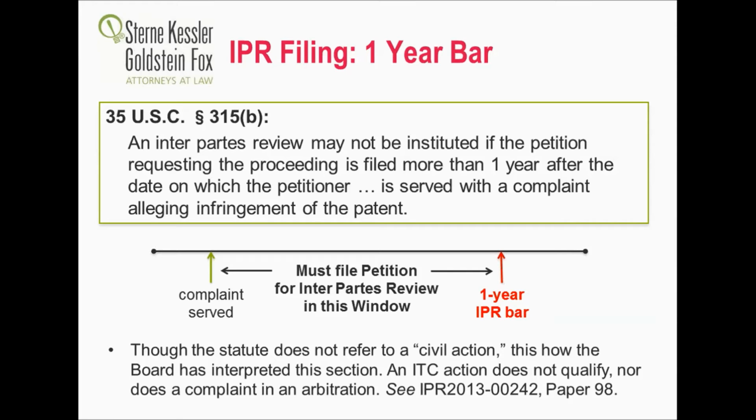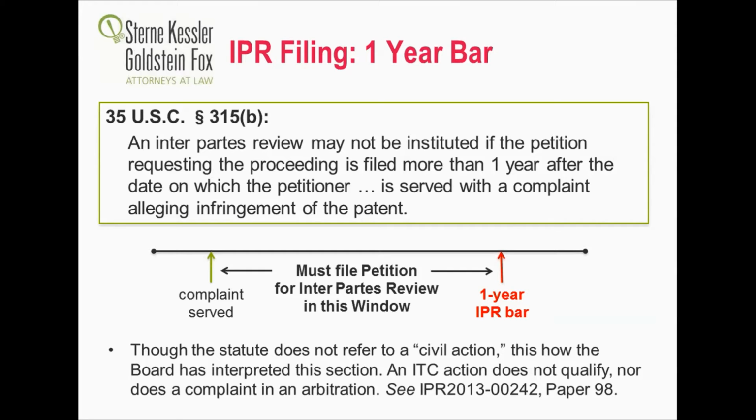Other scenarios include counterclaims, and a party actually tested whether or not the statute operated retroactively. So a counterclaim alleging infringement is a complaint for infringement that starts the one-year clock ticking for a petitioner. An amended complaint, however, does not restart the clock. So once the first complaint is served, your clock starts. It does not restart if you amend the complaint.